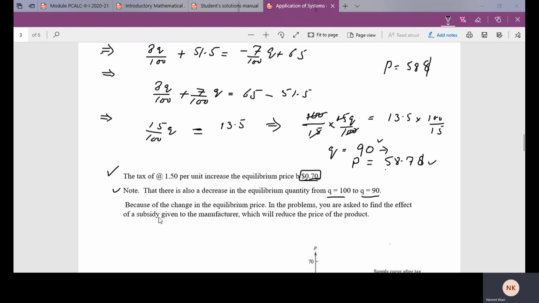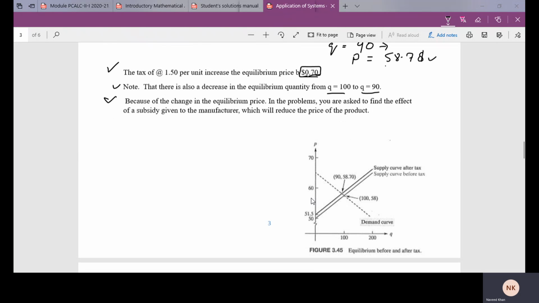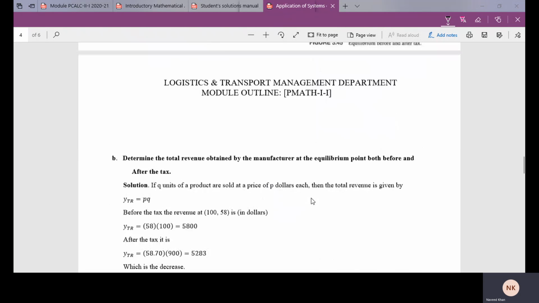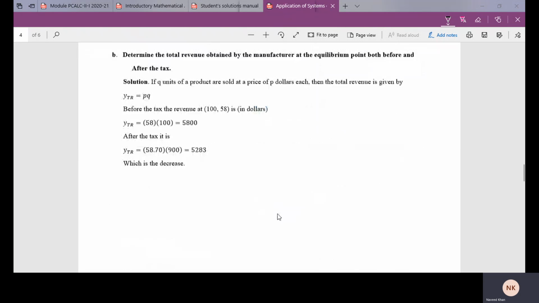Because of the change in equilibrium price, the problem will ask you to find the effect of a subsidy given to a manufacturer, which will reduce the price of the product. Right now, my dear student, this is part D. In part D, now we need to find out the tax effect before equilibrium and after equilibrium.